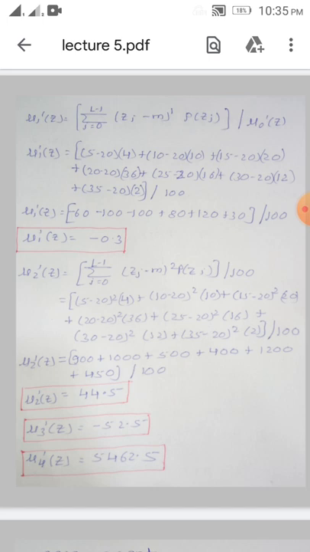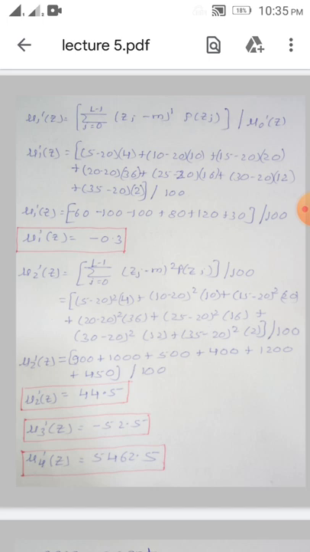For normalization, we are dividing that by mu 0 dash of Z. So it becomes (5 minus 20) into 4, plus (10 minus 20) into 10, plus (15 minus 20) into 20, plus (20 minus 20) into 36, plus (25 minus 20) into 16, plus (30 minus 20) into 12, plus (35 minus 20) into 2, whole divided by 100.